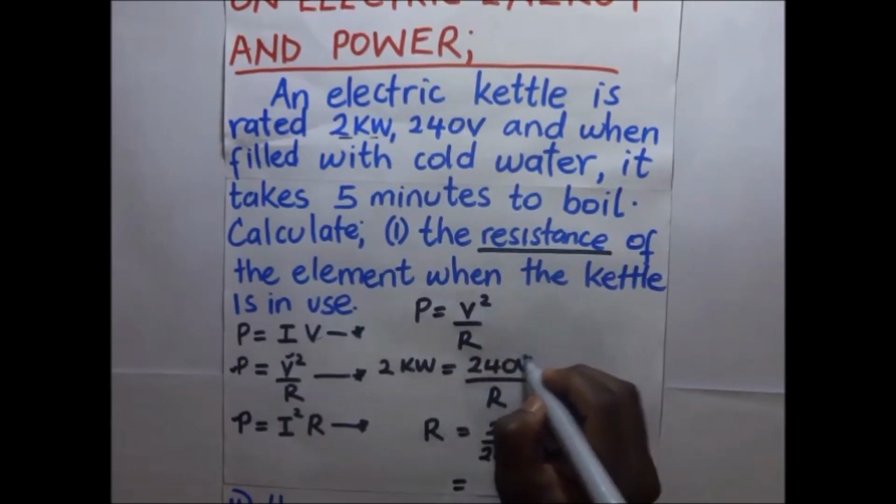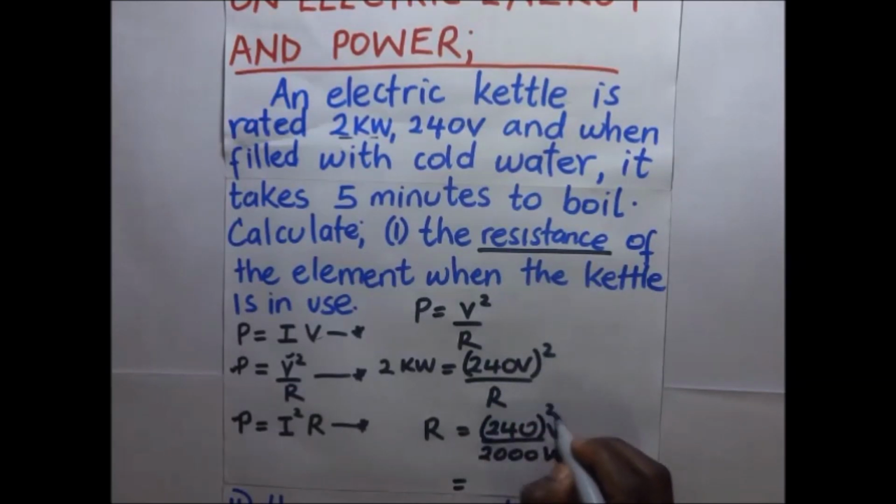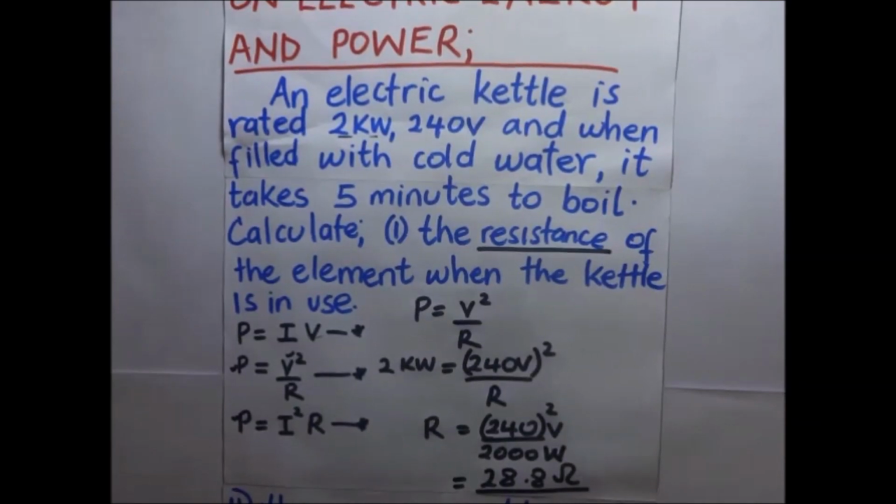Remember this is squared, right? Yes, this is squared. 240 squared divided by 2000 will give us 28.8 ohms. And that is the resistance.